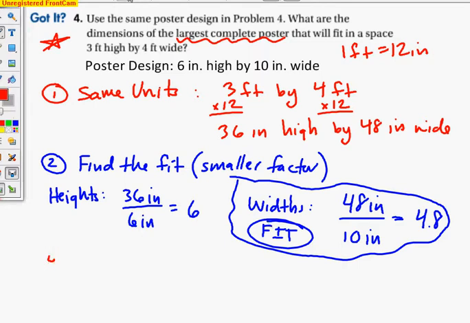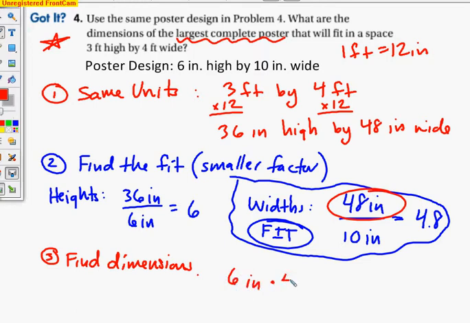In step 3, find dimensions. So my width is going to be 48 inches. This is going to be one of my dimensions. The other one is going to come from the height. And what I have to do is take my poster height, which is 6 inches, and times it by that scale factor of 4.8.